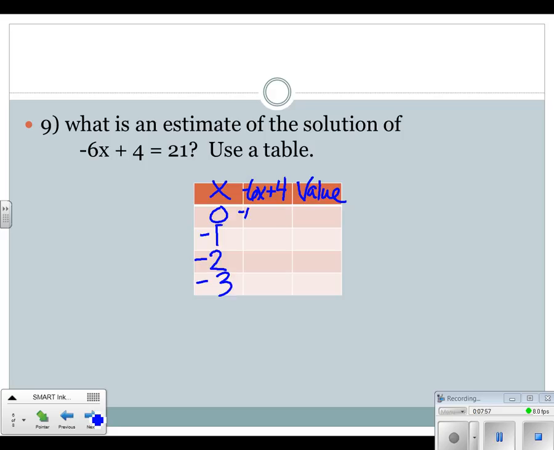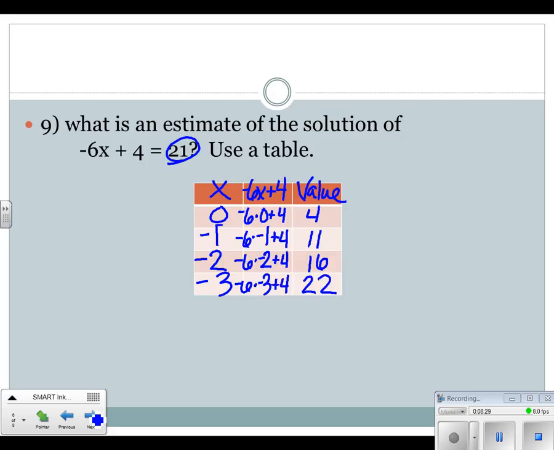Negative 6 times 0 plus 4 is 4. Negative 6 times negative 1 plus 4 is 11. Negative 6 times negative 2 plus 4 is 16. We want to get to 21. Then negative 6 times negative 3 plus 4 is 22.